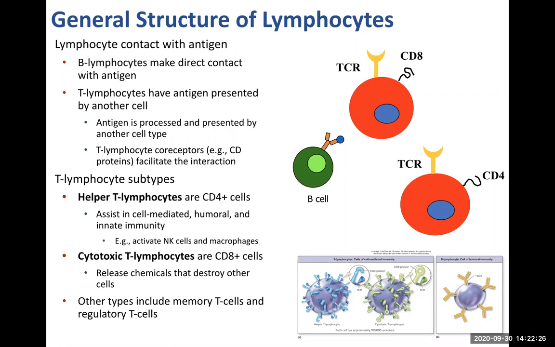Something else I want to make mention of as we're talking about helper T cells versus cytotoxic T cells is that the word cytotoxic means toxic to a cell, right? So these cells directly destroy cells that have the foreign antigen they are designed to recognize on their surface. Helper T cells do not directly destroy antigen. Helper T cells are the orchestrators, the conductors, if you will, of the immune response.